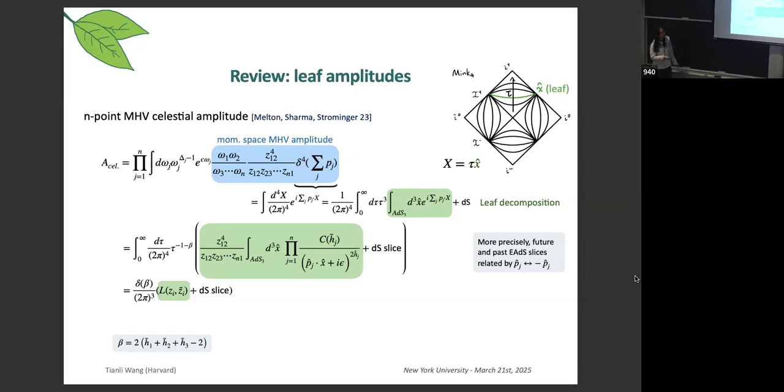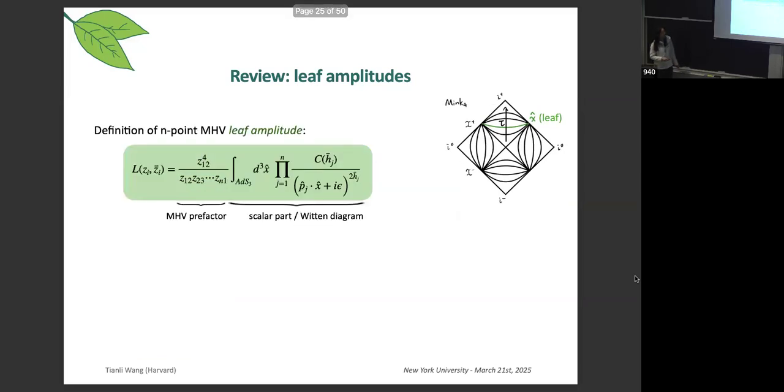Okay, so to write it out explicitly, here is our leaf amplitude. It has two parts. One is the MHV prefactor with all the omegas, encoding the spin information, and the other one is a product of scalar conformal primary wave functions with all the taus in the denominator and with the common bulk point integrated over a unit ADS leaf.